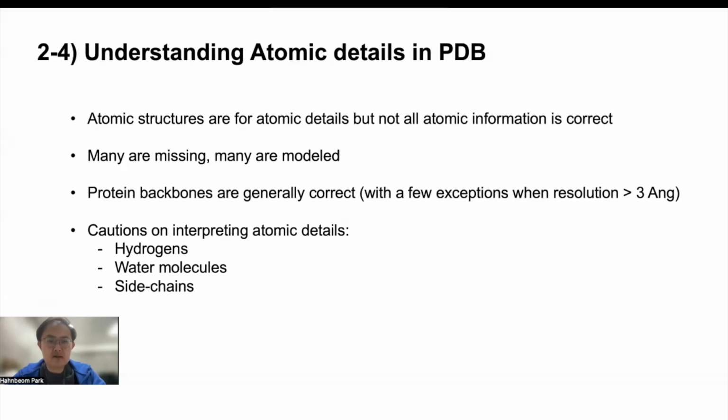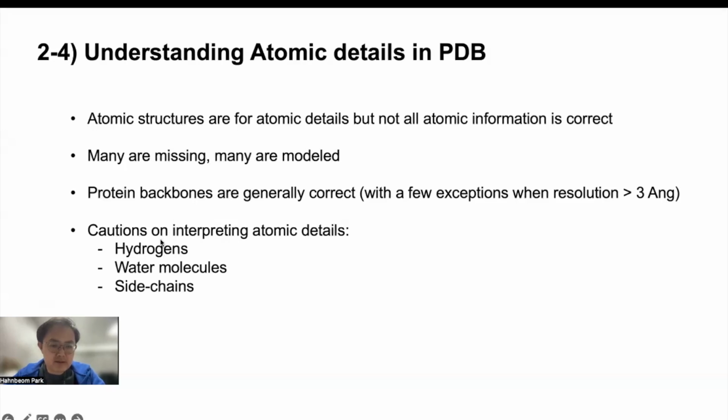But still, we learned that protein backbones are generally correct, except when the resolution is worse than 3 angstrom. So we can trust most backbone structures for proteins when the resolution is better than 3 angstrom, or for NMR structures. But real caution needs to be taken when you interpret not the backbones, but the rest.